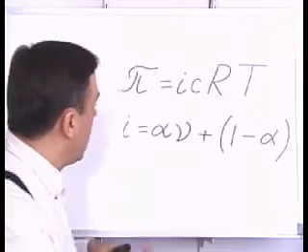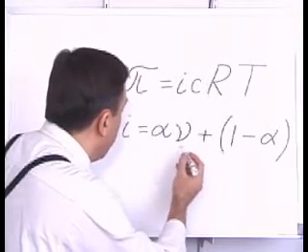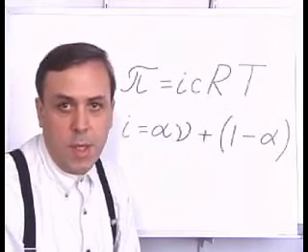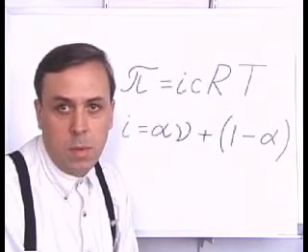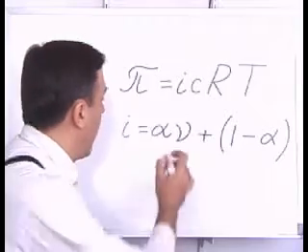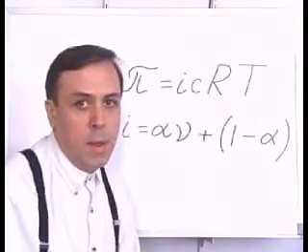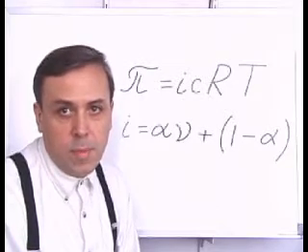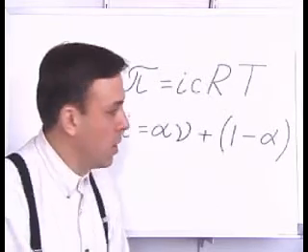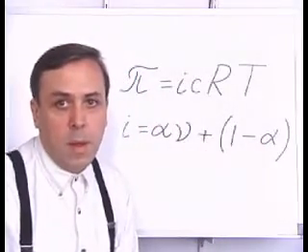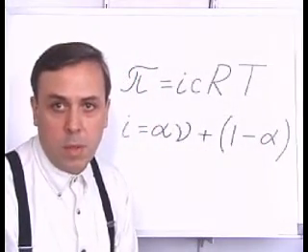And so, if μ is the total number of particles of ions that potentially can be produced by 1 mole of a substance, then alpha μ, where alpha is the degree of dissociation, will be the number of particles that are actually produced due to the dissociation, while 1 minus alpha will be the number of the undissociated molecules.